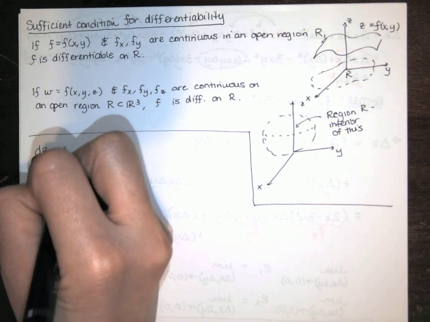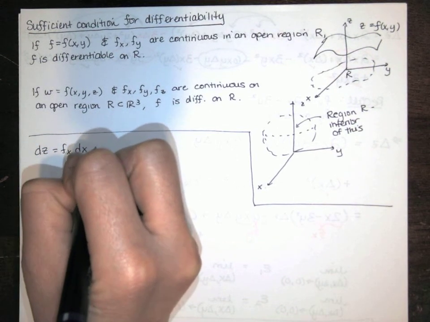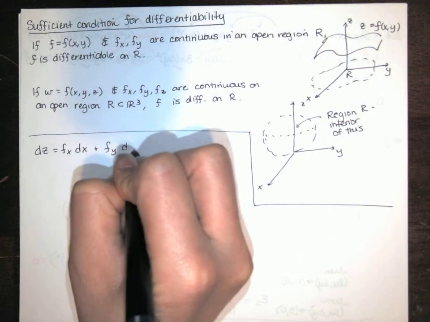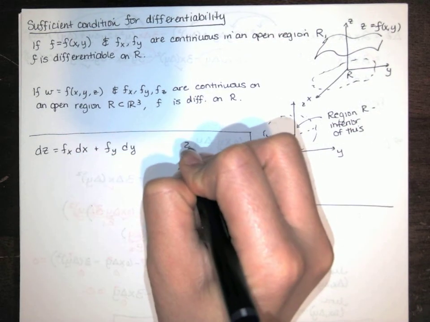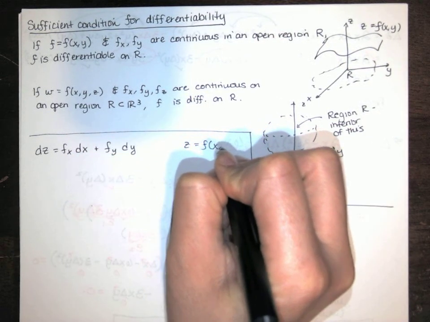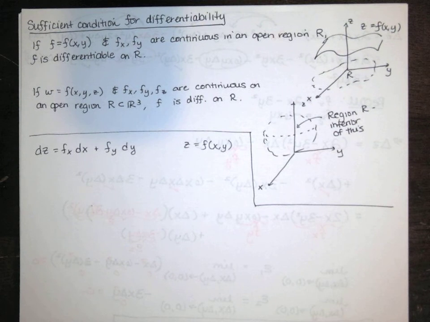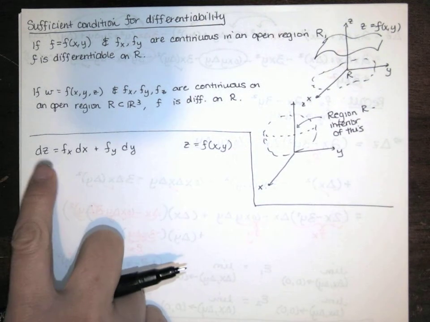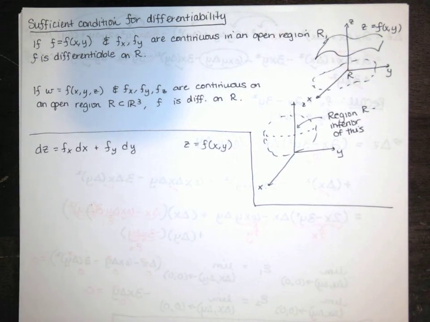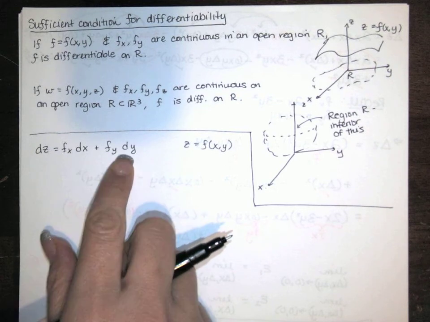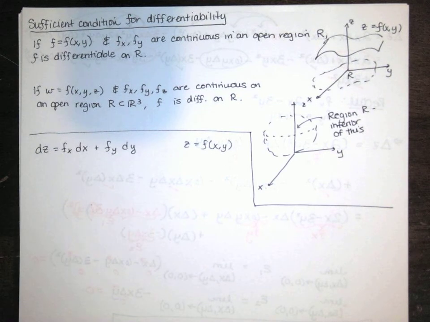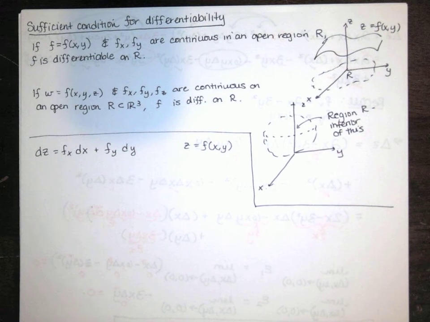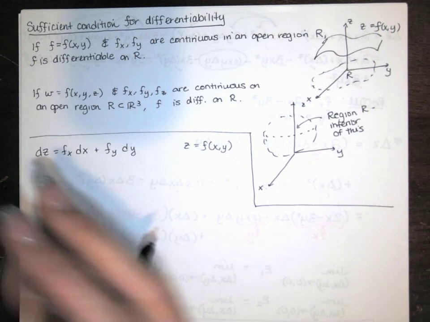Differential of z is this, where z is a function of two variables. If I evaluate at a point, this gives me the expected change in z using the tangent plane at that point to approximate the function, provided x changes by delta x units and y changes by delta y units, and delta y and dy and delta x and dx are the same thing. So that's how we interpret that.